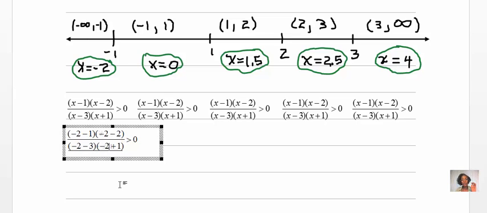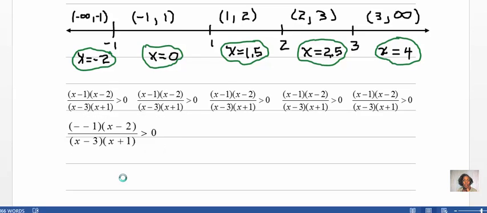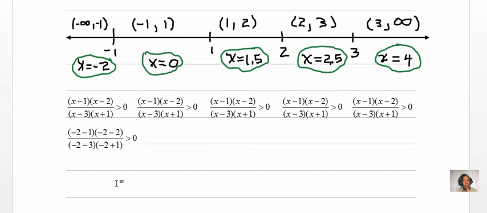So here in our leftmost interval, our test number is -2. So we're replacing all x's with negative 2. And let's evaluate that. We wind up with negative 3 times negative 4 over negative 5 times negative 1, so a positive over a positive.